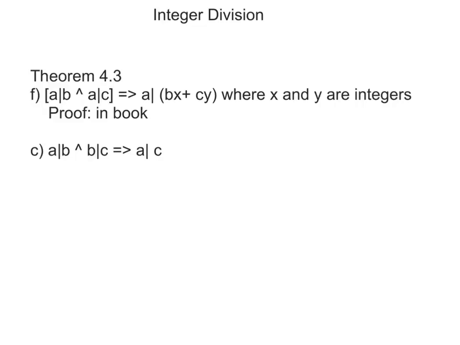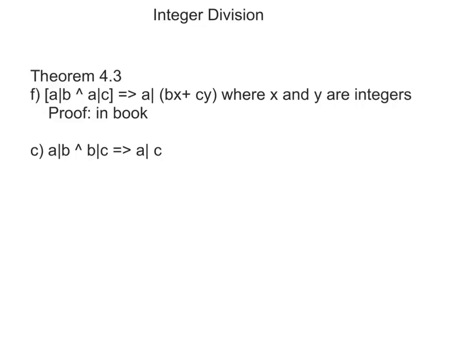That is, a divides any integer b times integer x plus c times integer y. And G is sort of a generalization of F, where now if a divides a number of integers c sub i, then a will divide any linear combination. This theorem is used quite often in this chapter, and you'll become quite familiar with it.